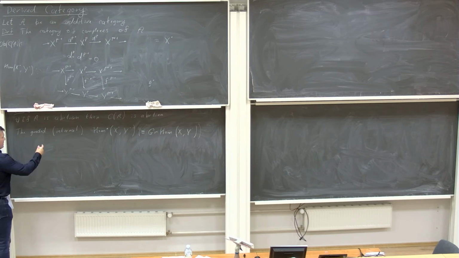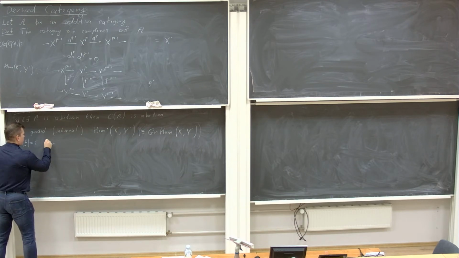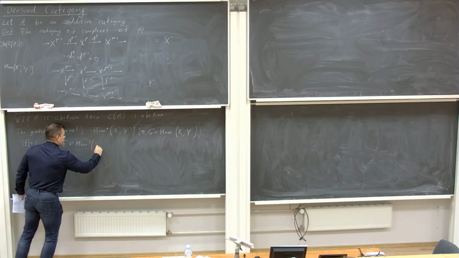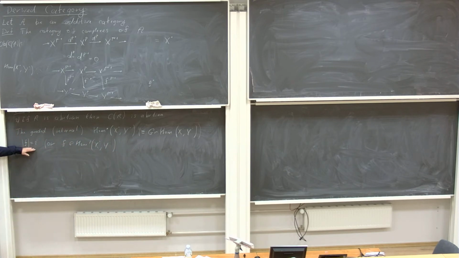Well, we just consider maps, say, f of degree i. So let's say that the degree of the map is i. This means by definition, or I can say equivalently, that f is in the hom with the index i. That's the meaning of this symbol.